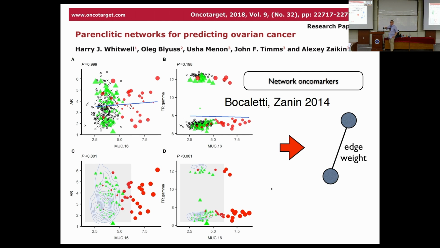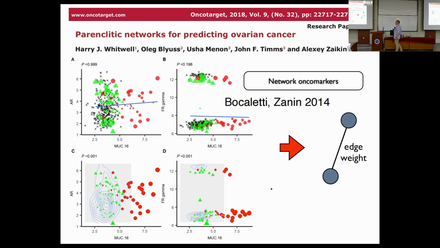Of course, before that we need to do some normalization, for example, to measure in standard deviations. So that's a typical normalization procedure. And this distance from the linear regression will be the weight of this edge. Then each patient will be represented in the form of a graph, where weights are actually deviations from normality. And this is the idea of a parenclitic graph.